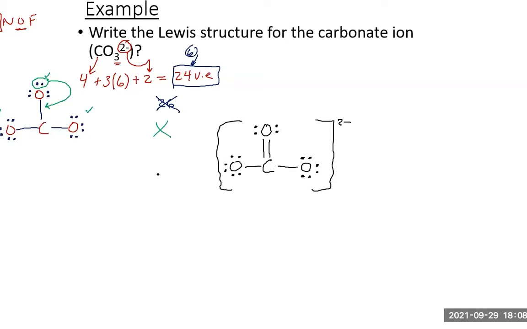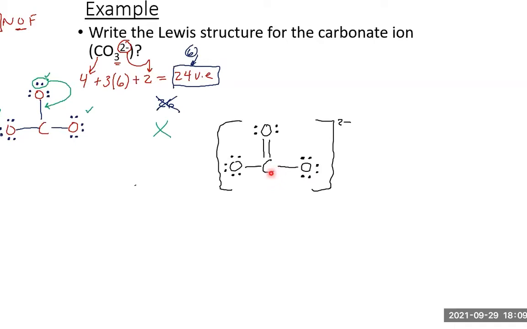What we have just done is keep a grand total of 24 electrons. If we look at the electrons total, 2, 4, 6, 8, 10, 12, 14, 16, 18, 20, 22, 24. The single bonded oxygen, 2, 4, 6, 8. Single bonded oxygen on the right, 2, 4, 6, 8.